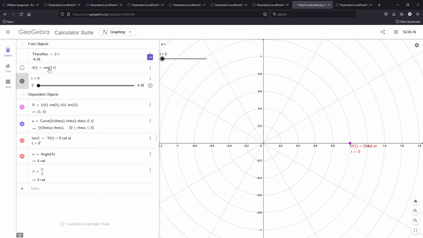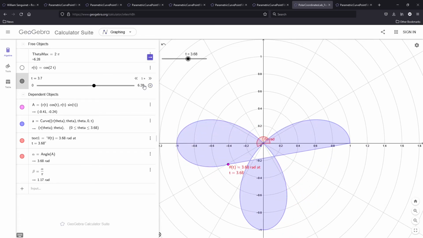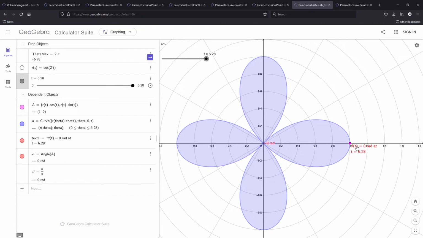So r of t here is 2 cosine of 2 times t. This is another visualization of what this is going to look like for different theta angles, for different values of t and the corresponding point on the curve.